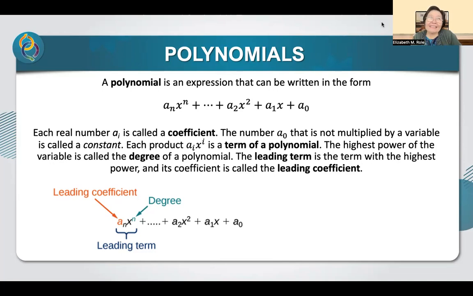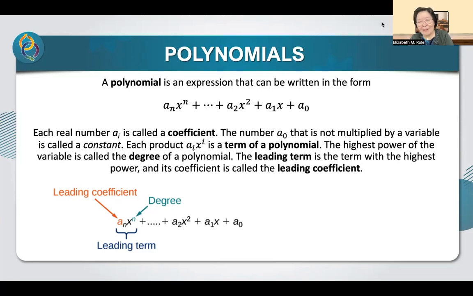Then there's such a thing as degree of the polynomial. The degree of the polynomial is whatever is the highest power of the variable. Usually when we write a polynomial, we always begin with the variable with the highest power. And so the degree is the highest power of the variable. That one with the highest power is considered to be the leading term, and the coefficient of the variable with the highest power is considered the leading coefficient.